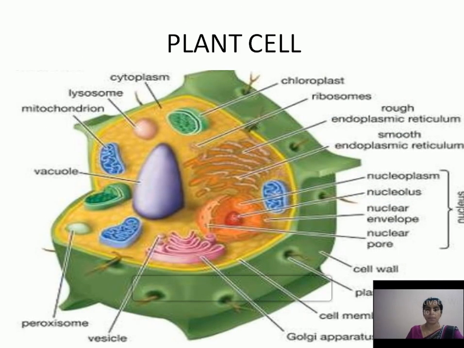So see the plant cell. Here it is vacuole and mitochondria, lysosome, cytoplasm and chloroplast and ribosome. And mostly all the cell organelles are the same here in the case of a plant cell. See, one is the vacuole and another one is the chloroplast.